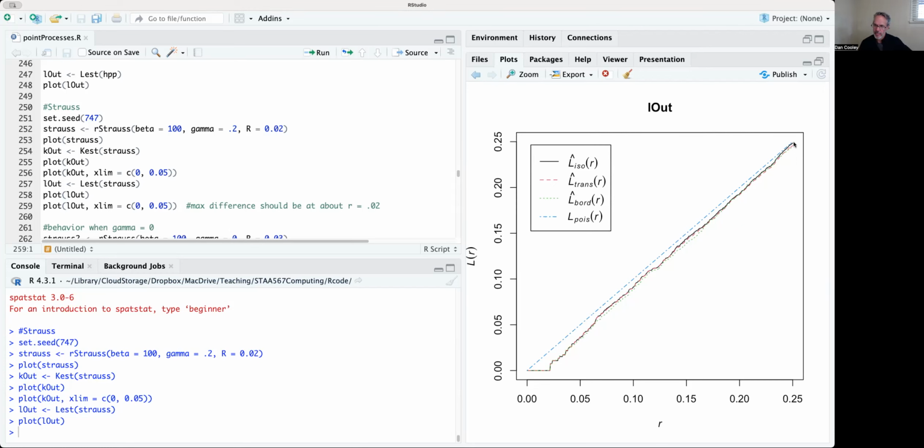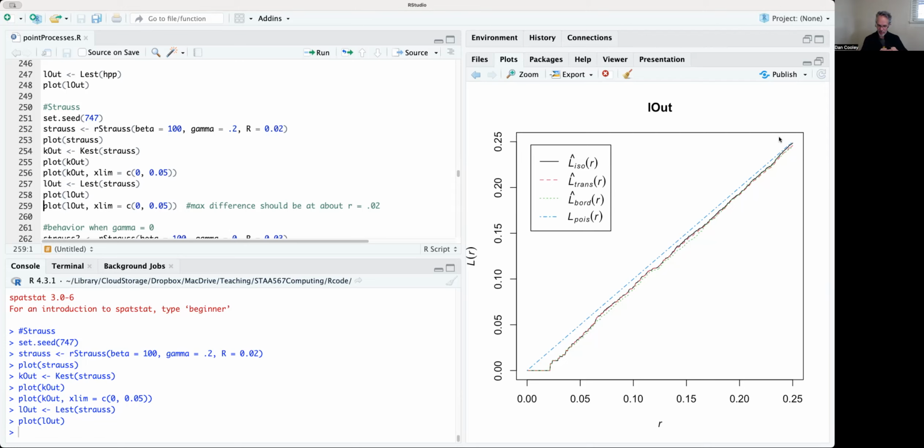What we also see is that up here, the L function is going to correct itself over time. Correct may be the wrong verb here, but as we look at larger and larger radiuses, we're averaging over a larger and larger area, and the L function has to estimate lambda, the intensity, so it just takes the total number of points and divides it by area.